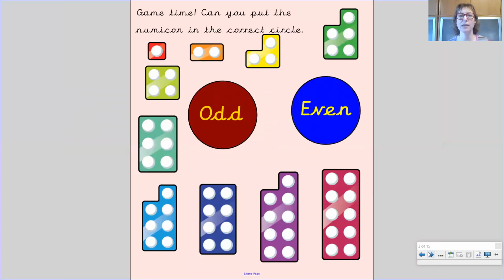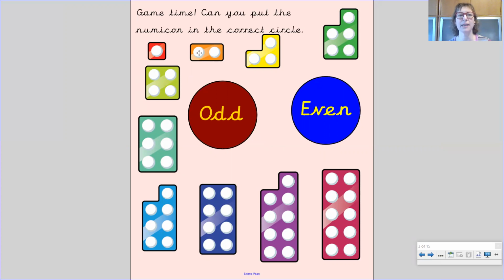So we're going to have a look at these ones. We've got all the Numicon, 1, 2, 3, 4, 5, 6, 7, 8, 9, and 10. Now, we're not even going to look at what number they are. We're going to look at whether we can see straight away whether they are odd or even. I explained to you before, when we were counting in twos, that even numbers have partners.